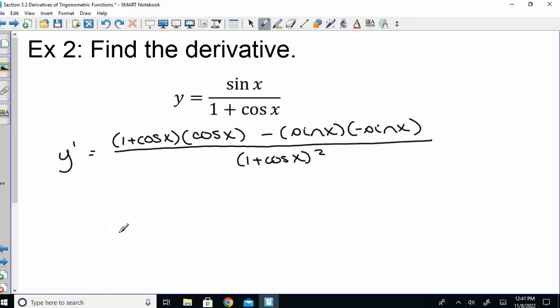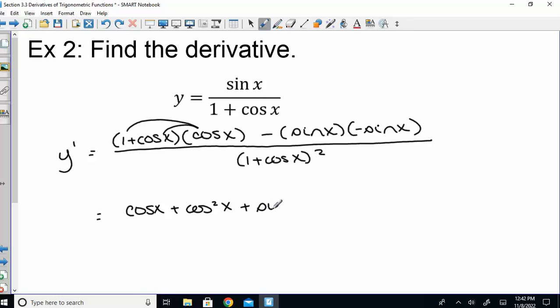We want to clean this up as much as we can. What options do we have? Distribute. So we get 1 times cosine x is cosine x. Cosine times cosine is cosine squared.